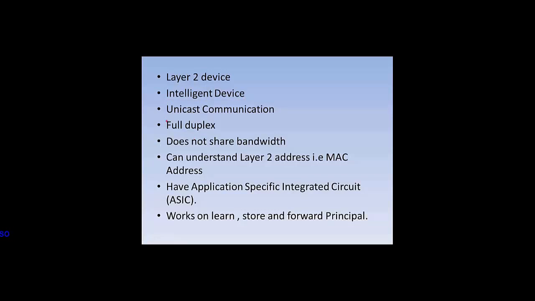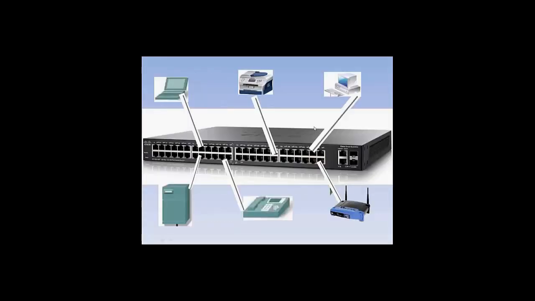Third point is unicast communication. Hub does the broadcast communication. I think everybody knows about unicast and broadcast. Suppose in case I am using a hub here, right now it is a switch, but for example this is a hub that I am using here.